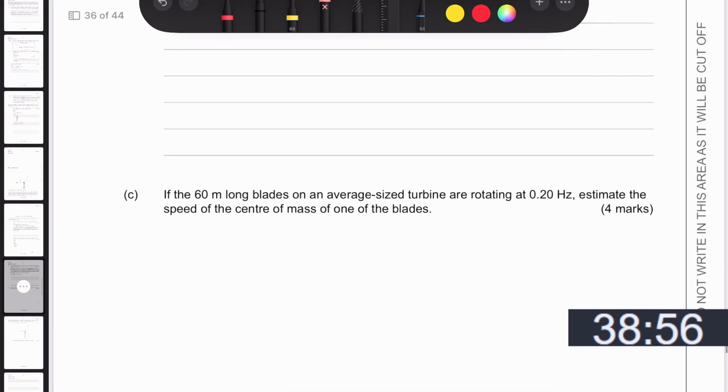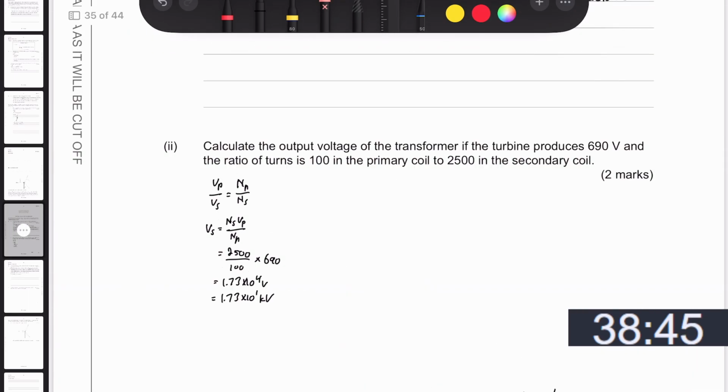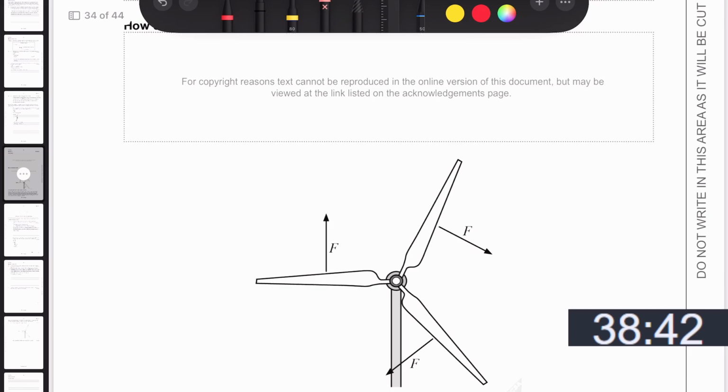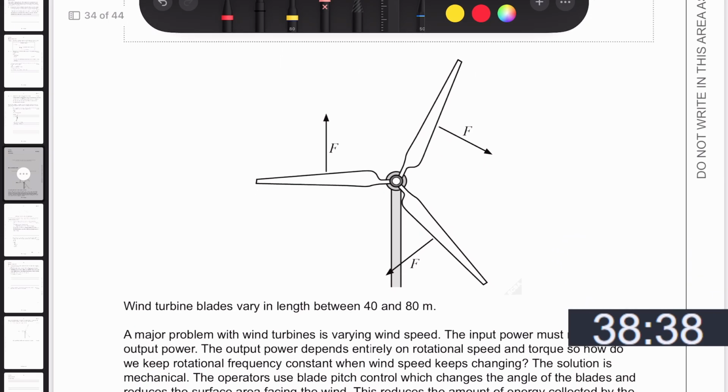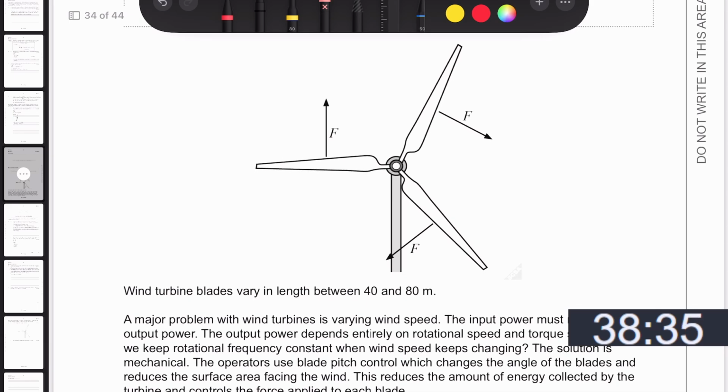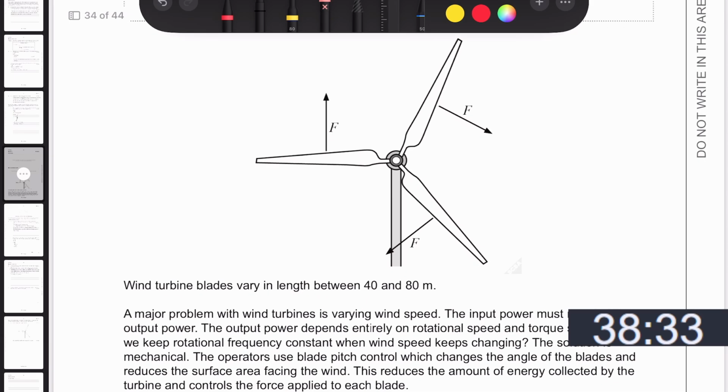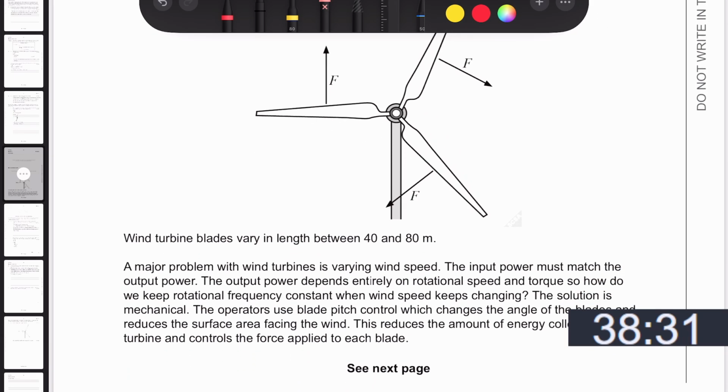If the 60-meter long blades on an average size turbine were rotating at 0.2 Hertz, estimate the speed of the center of mass of one of the blades. Hmm. 60 meters long. And the center of mass, is it going to be halfway up? Probably won't be, right?